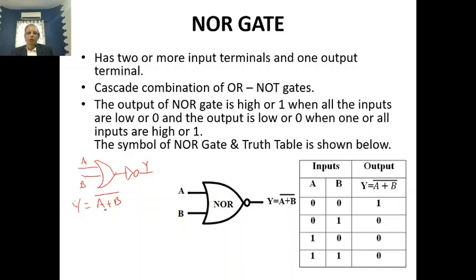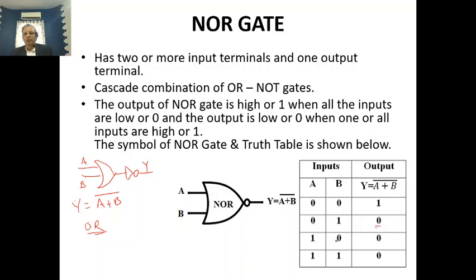This is the Boolean expression for the NOR gate. And the output for the NOR gate, recall the output for the OR gate. For the OR gate, if any one input is high, the output is high. Now invert this. Now here 0, 1: for the OR gate the output is 1, but for the NOR gate the output is 0 because this is inverted.